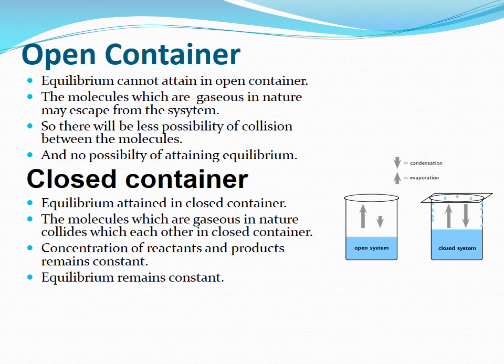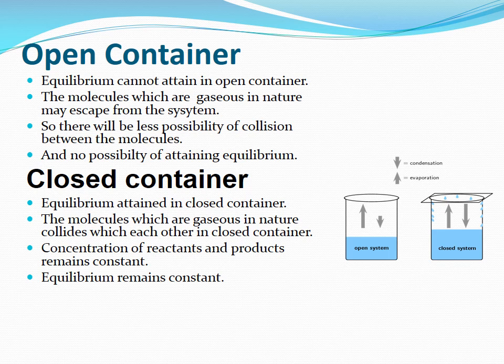If we take, let's suppose, water and give some heat to it, it will evaporate. After some time the vapors will condense back to the system, so the rates of forward and backward reaction will be equal, and equilibrium will be established at that point.